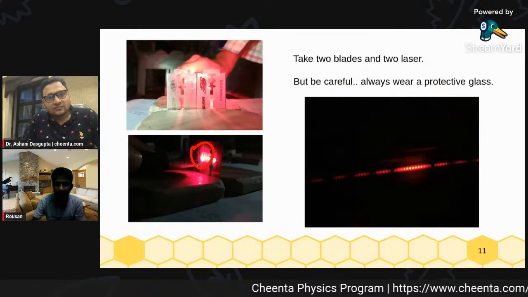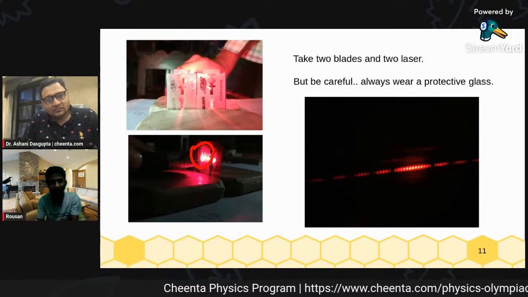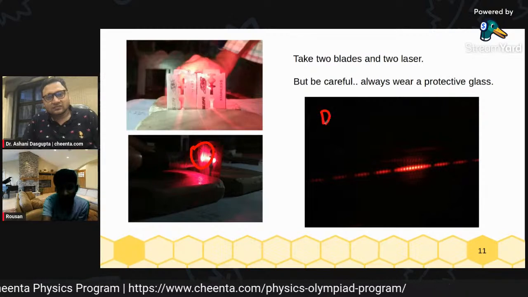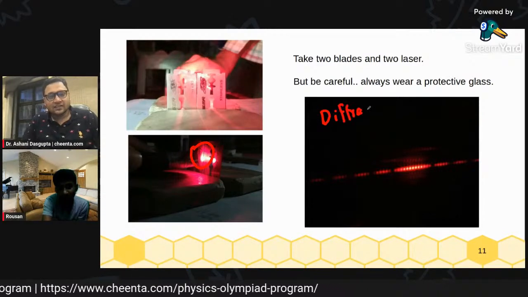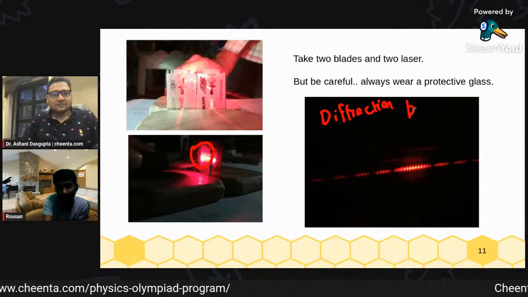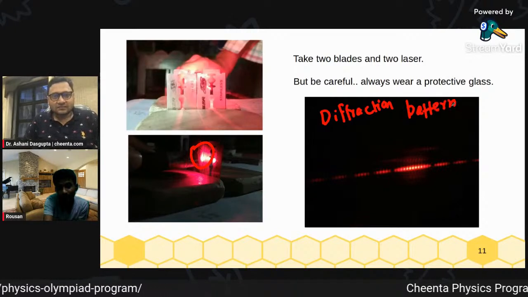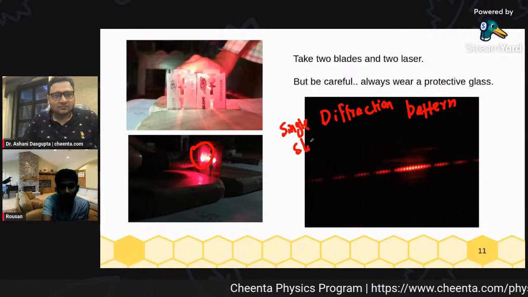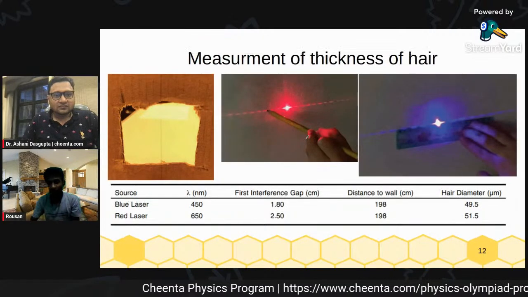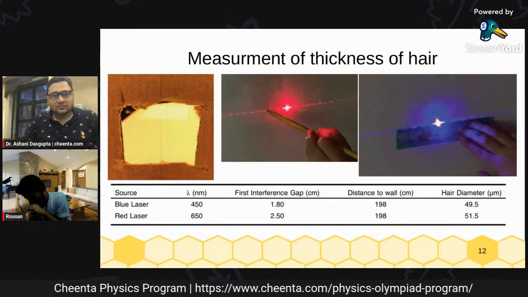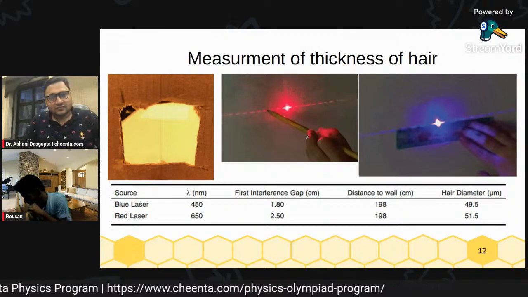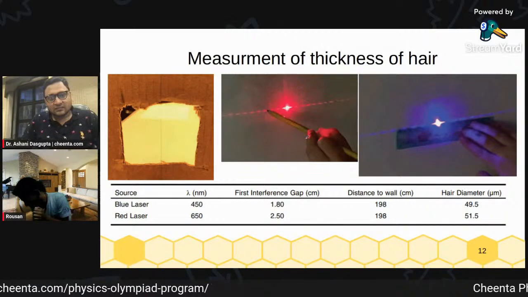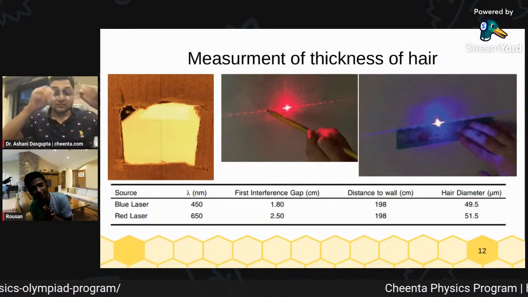This particular pattern can only be explained using waves, and this is called a diffraction pattern, and it is a single slit. Now this is not all. This is actually a much funnier thing, and I want you guys to also perform this one.